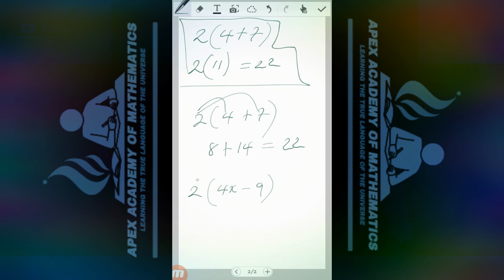We are forced to use the distributive property, which will give us an expression for our answer. 2 times 4x is 8x, and 2 times negative 9 gives us negative 18. So this is our final answer. Good, that brings us to the explanation behind the distributive property, and the final law for arithmetic.